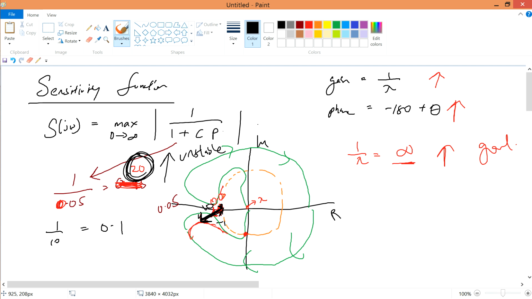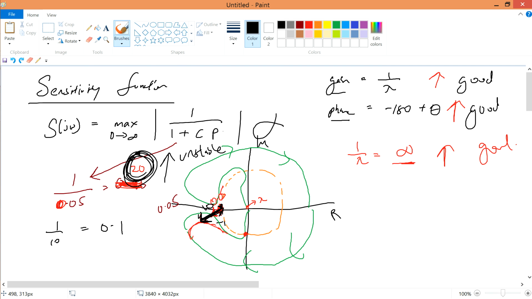So it's inversely related to gain and phase margin. For gain and phase margin, the higher the better. For the sensitivity function, the higher it is, the worse, because the system is not robust. Later on we'll talk about what robust means, but we just want to introduce the concept of the sensitivity function.